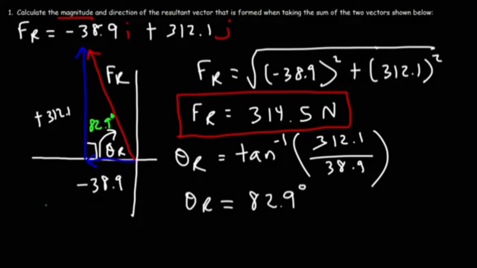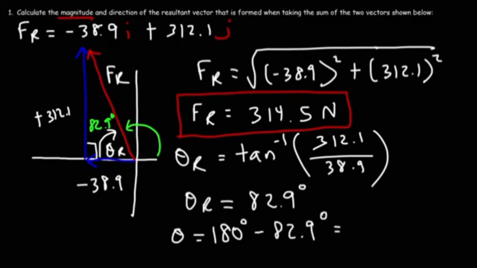Now what we need is the angle relative to the positive x-axis. So it's going to be 180 minus the reference angle we just calculated. And so that's going to give us 97.1 degrees relative to the positive x-axis. So now we have our answer.